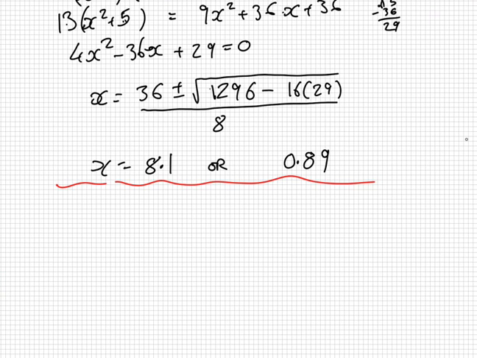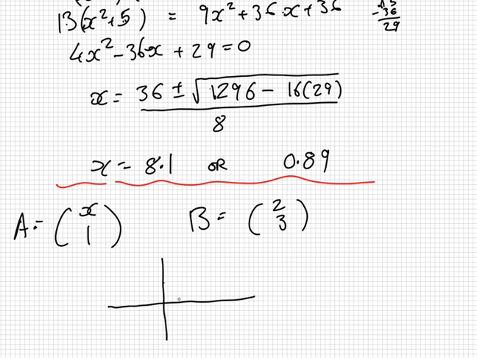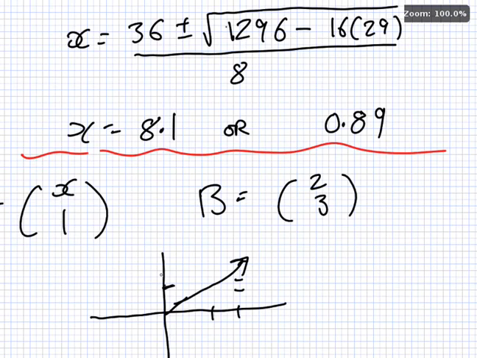Suppose we make it 2 dimensions to make it easy. So let's say vector A is x, 1 and vector B is 2, 3. So if I draw that, there's B, and A is x, 1. I don't know what the horizontal is, but I know its height is 1. So I have to draw my vector going up to 1.